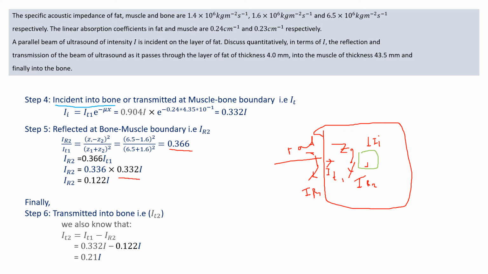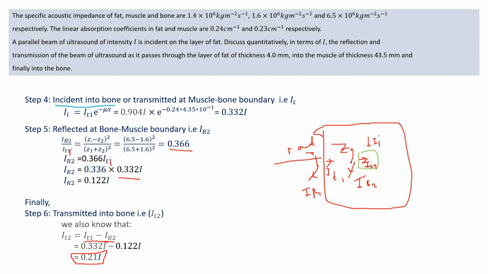This is I1, and this is also I1. Then finally transmitted into bone. So transmitted IT2 equals IT1 minus IR2, which you already know. So 0.332 minus 0.122, you will get this final answer. So these are the final answers.